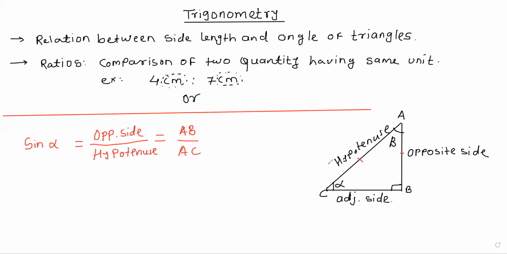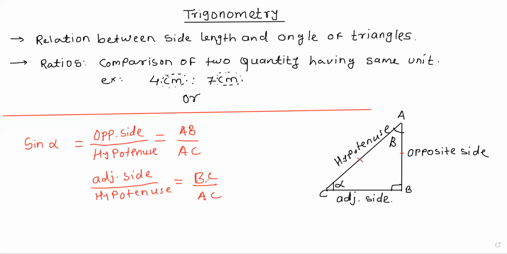Now likewise, compare the adjacent side with respect to the hypotenuse. This will be BC upon AC.